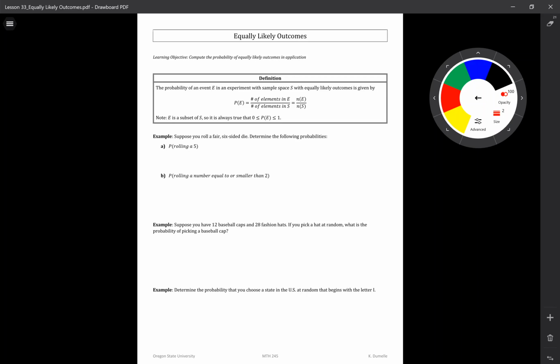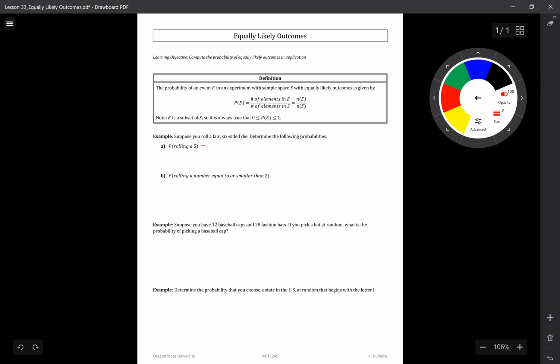So, in our first example, suppose I roll a fair six-sided die. Determine the following probabilities. If I roll a six-sided die, each one of the sides, 1, 2, 3, 4, 5, 6, has an equal chance of being rolled, right? Here my event is rolling a 5. What are the chances of me rolling a 5?